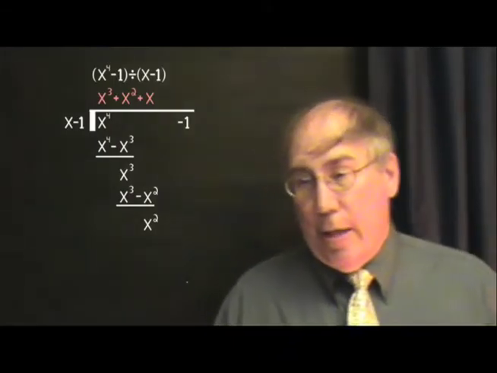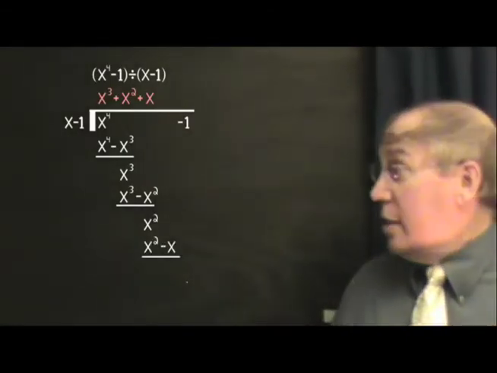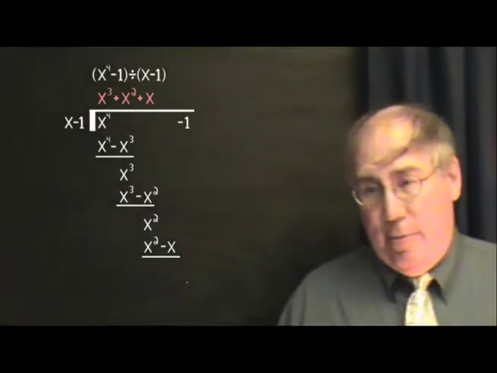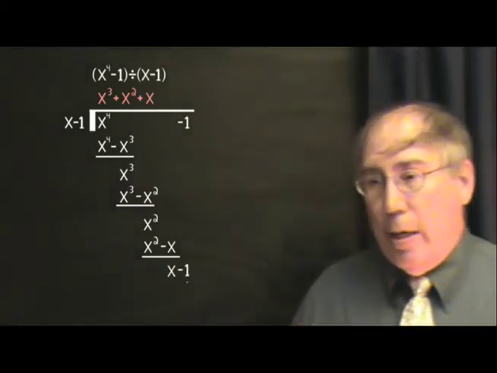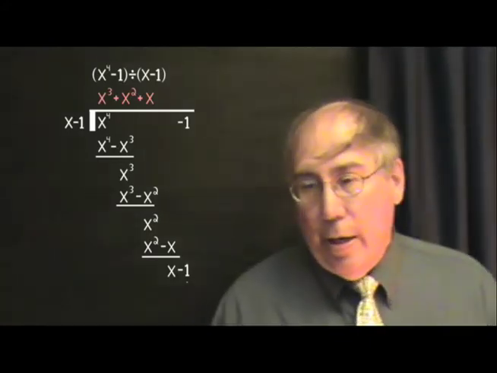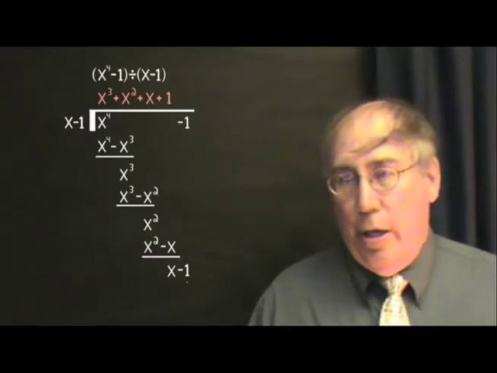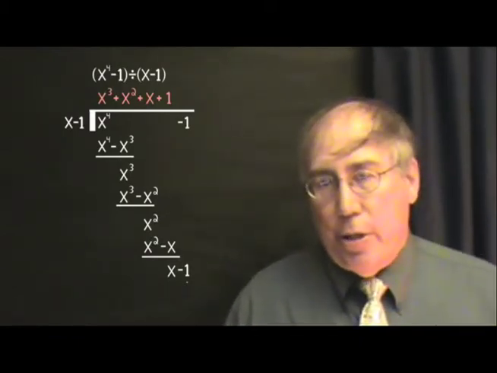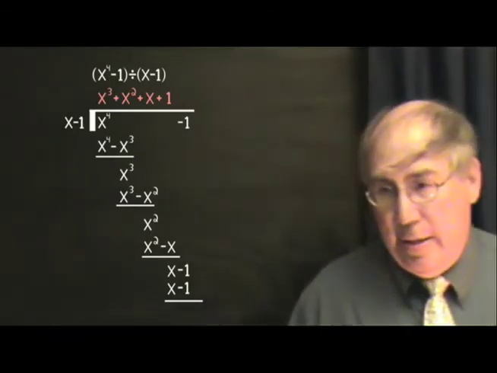Multiply that times x minus 1, x squared minus x, and then we subtract again. There's no x to subtract from, so we get x, and then bring down the negative 1 there, and we finish out here with a 1. So our answer is x cubed plus x squared plus x plus 1 is our quotient.